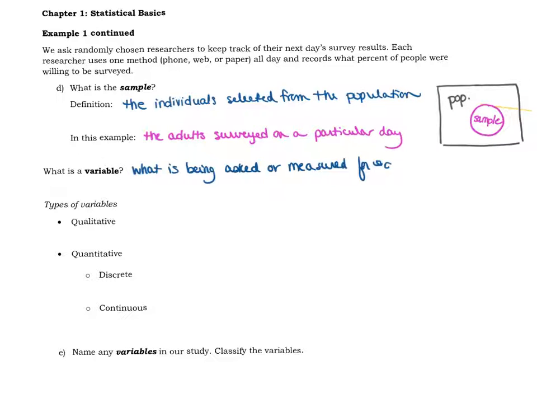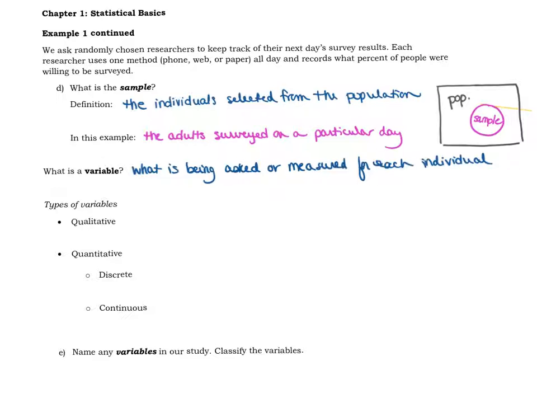Sorry, my screen's going wonky here. Okay, what is being asked or measured for each individual? So what information are you trying to find out about every item or person that you are sampling? Okay, what are you trying to measure?